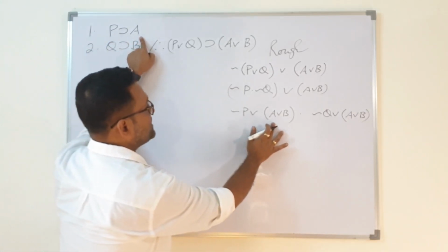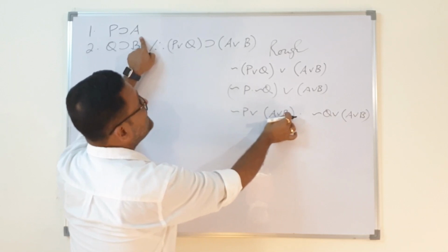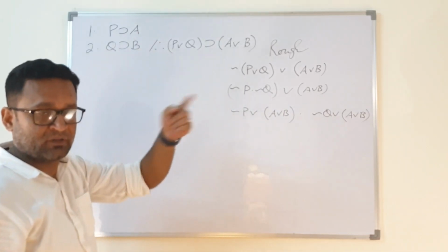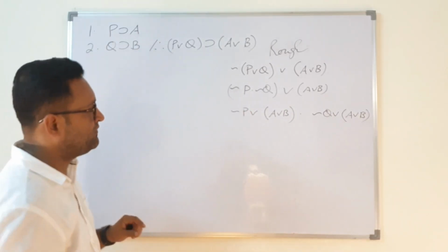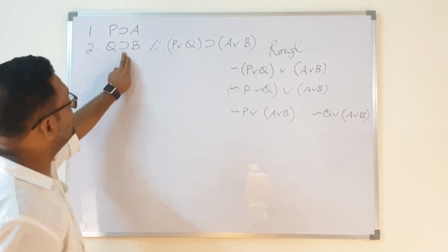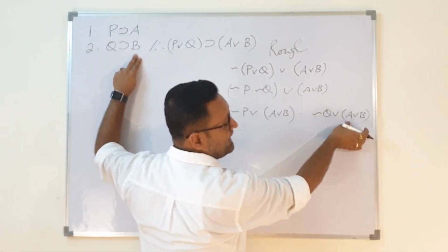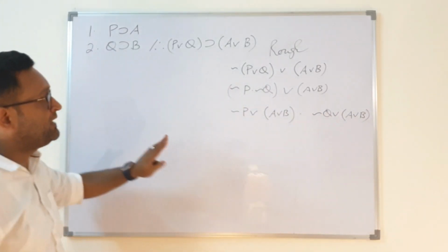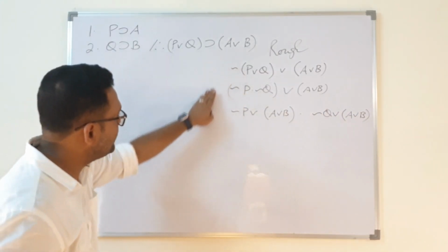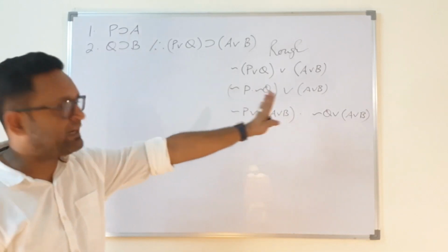Negation of P wedge A. You need to add this B in the next line which we will be solving. Similarly, you will get negation of Q wedge B. You need to add this A on that line. This is something which you should remember. So I am keeping it till the time I add it, and after that I will remove it.